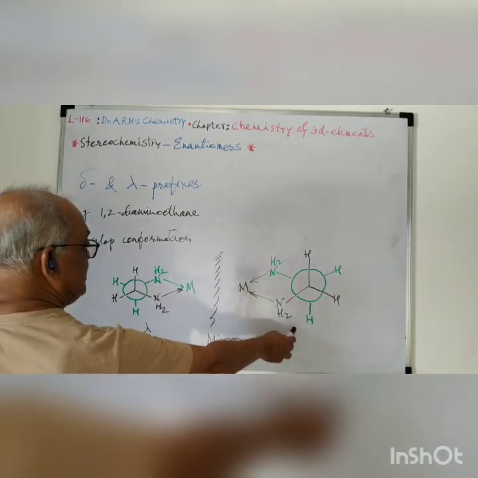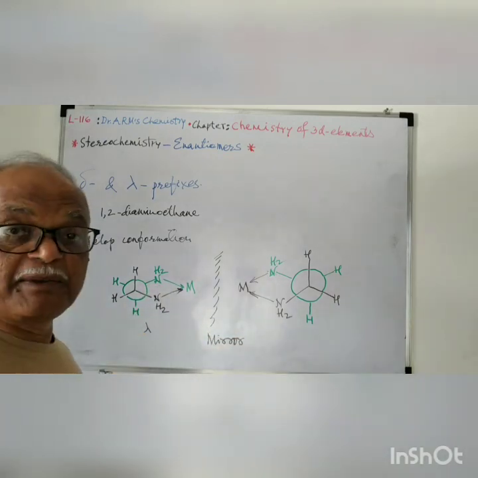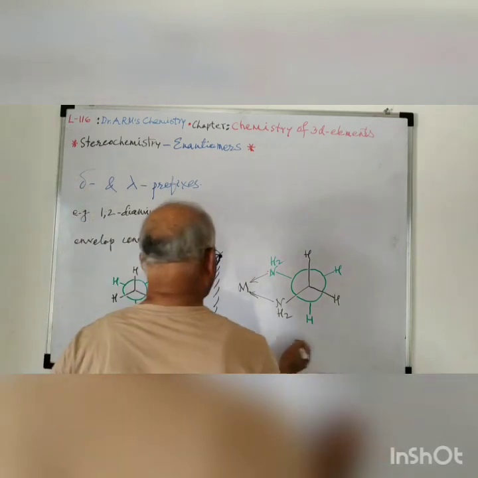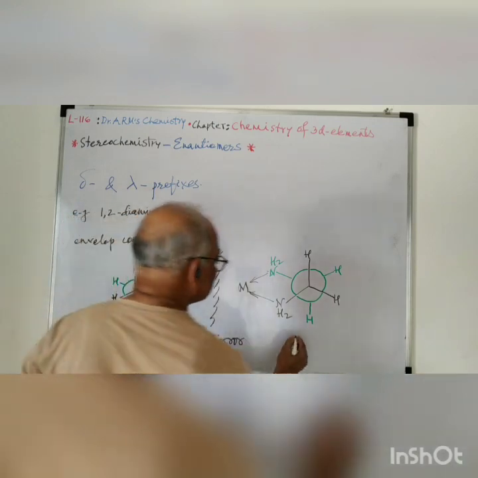This structure and this structure are mirror images of each other, and one is called lambda, another is called delta.